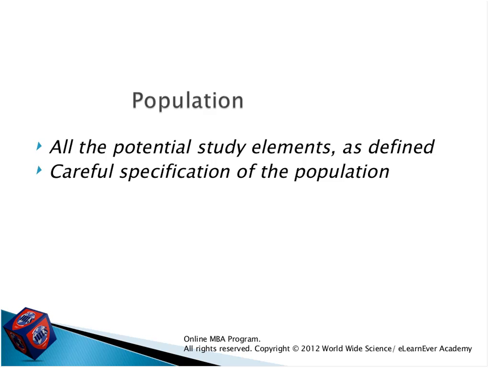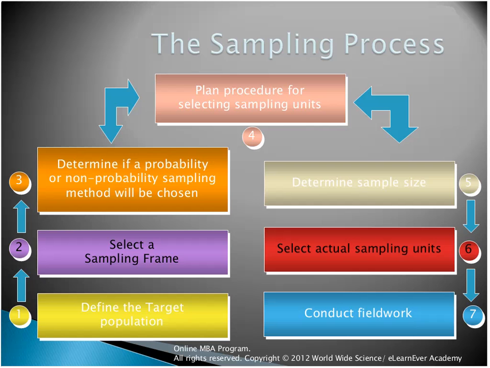So population means all the potential study elements as defined, with careful specification of the population. Here, when we want to define the target population, the population definition should be very clear.